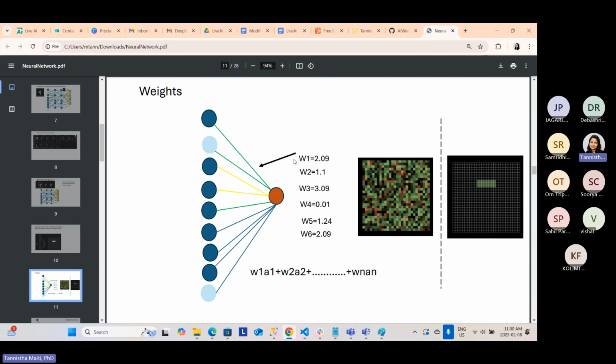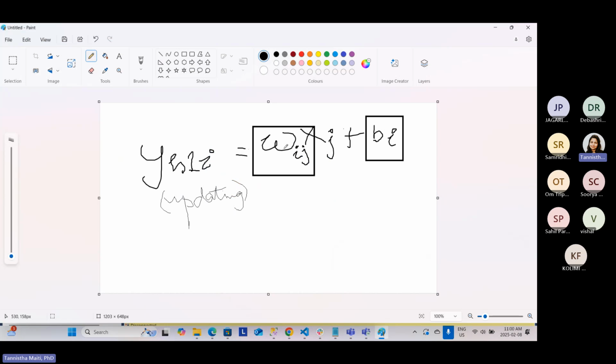Now, as I was mentioning in my equation, w(i,j), what is the initial value of this? Initially, they are all random because I don't know anything about this. So it is a random value to begin with, and from the random value it is going to become a trained value.